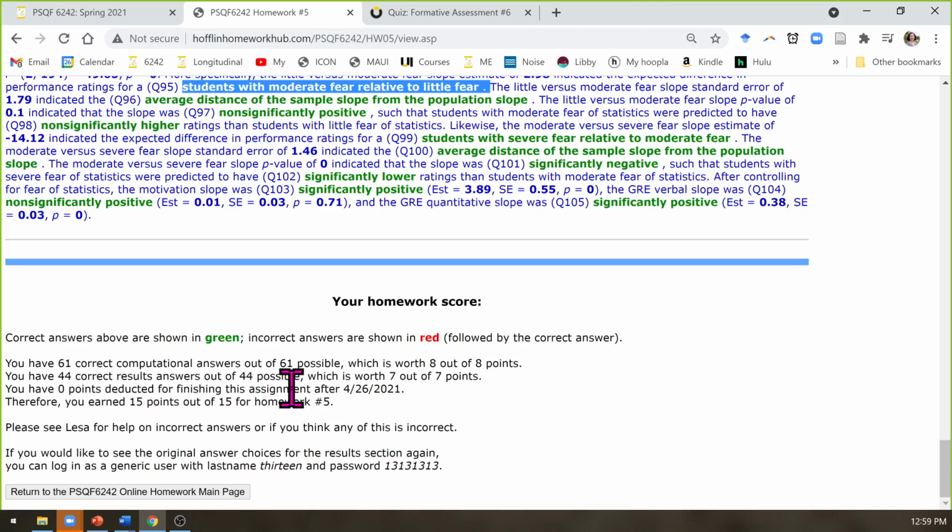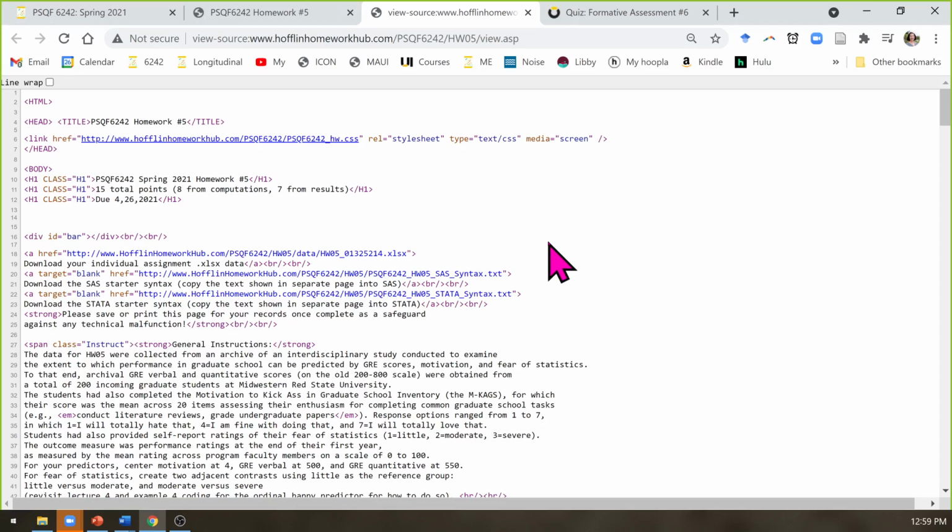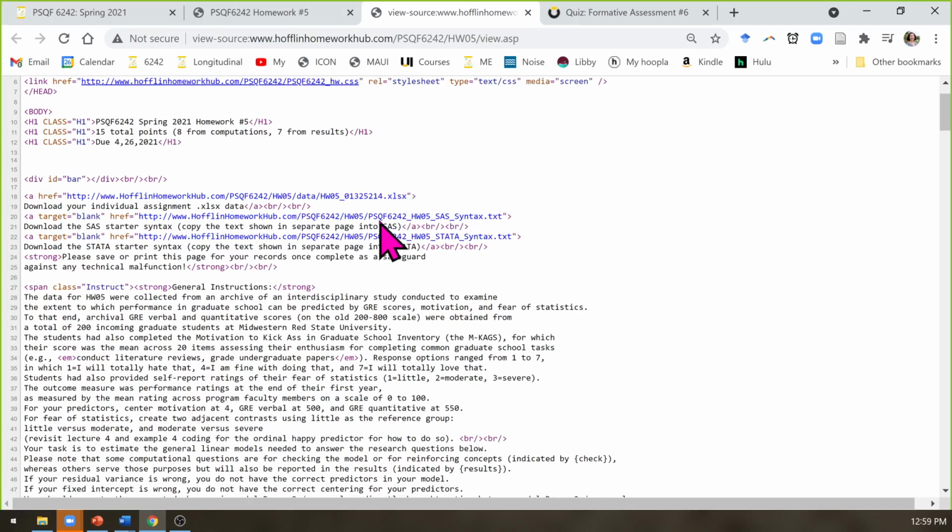The algorithm that scores this builds that into the computation. Let me see if I can show it to you, if it's buried inside there or if it's visible. I think it should be visible. If you ever want to see what a web page looks like, you right click on it and say view source code, and then you can get to what's underneath the hood.